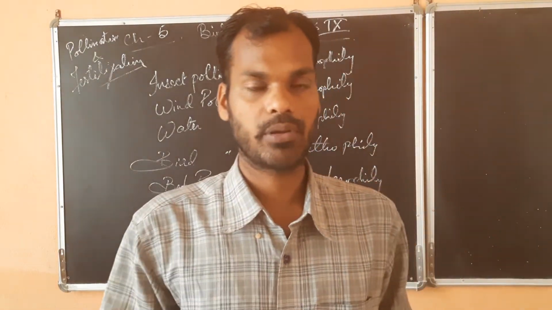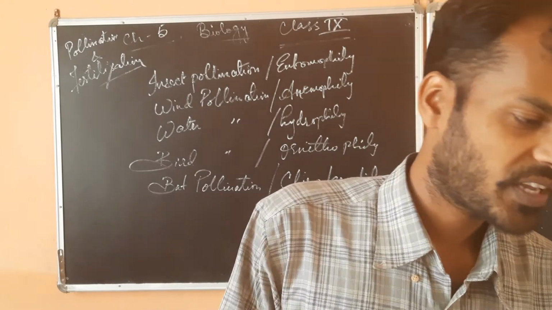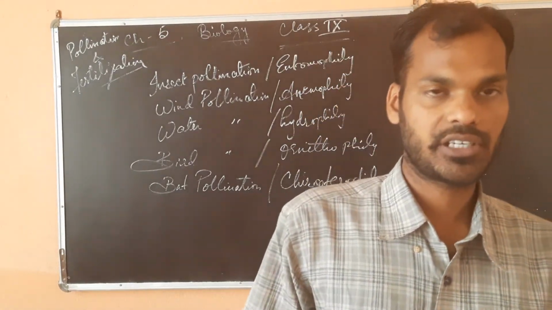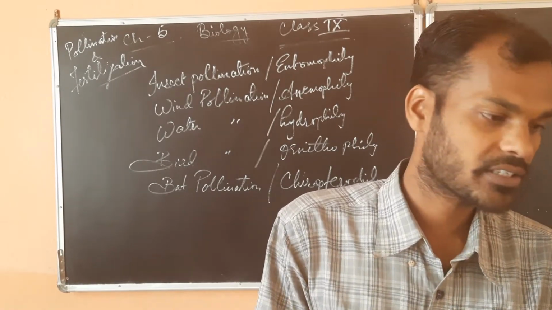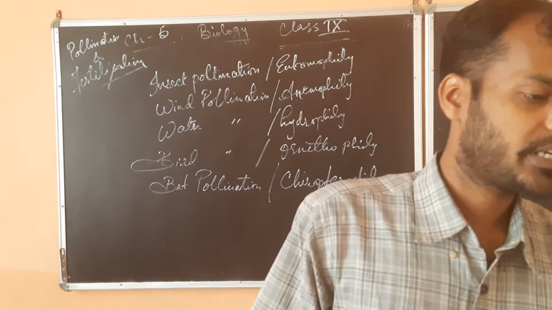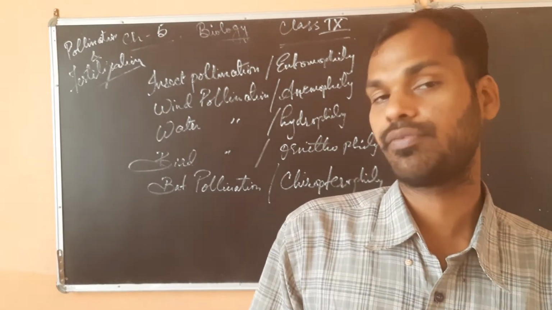Next we are having water pollination. In the case of water pollination, there should also be some characteristics. In some cases, the male flowers float on the surface till they meet the female flower.